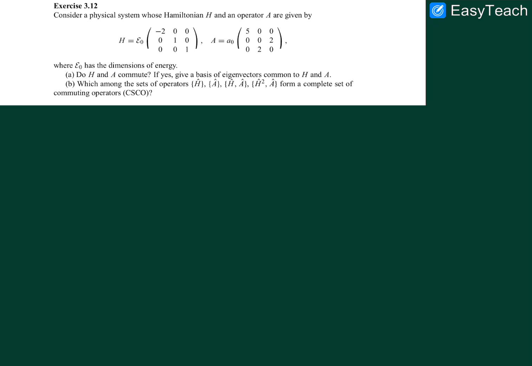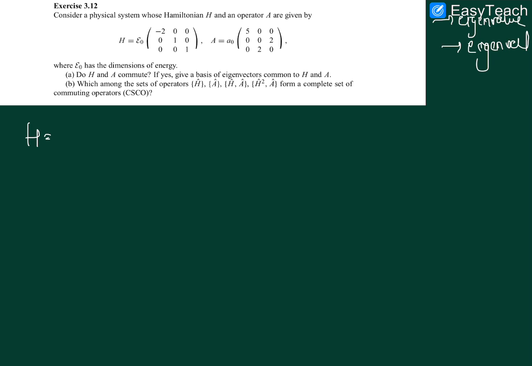Now for the second part we have to find the basis of eigenvectors which are common to H and A both. For that we first have to calculate the eigenvalues, and corresponding to those eigenvalues find the eigenvectors for both matrices, and then see what the common eigenvectors are.